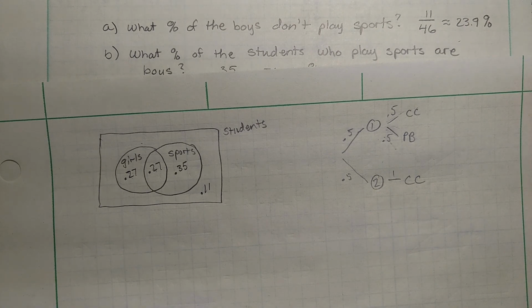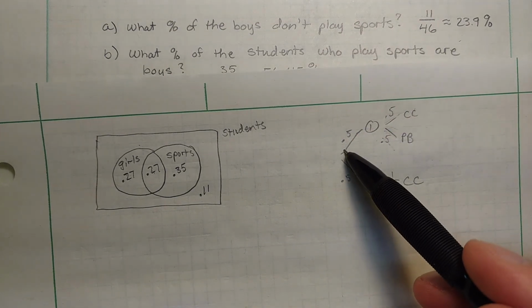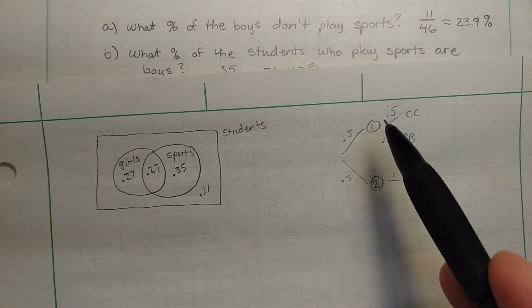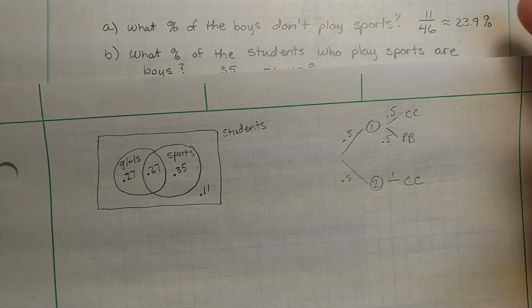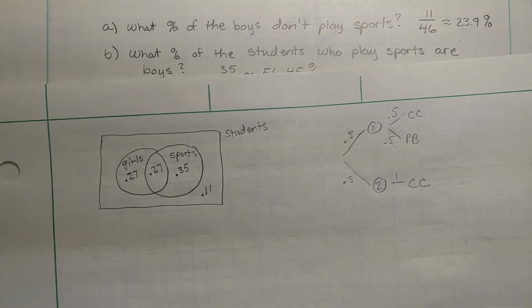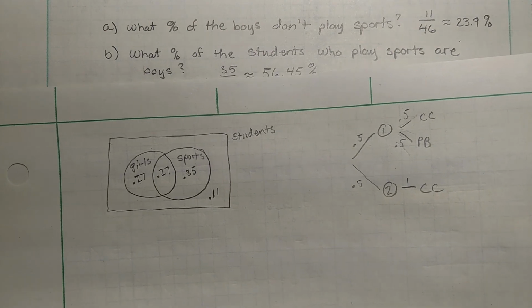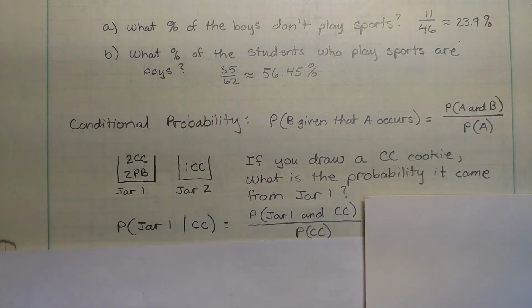So we want to know what is the probability of it being jar 1 and chocolate chip. Well, that's following this branch here. So that is going to be a 0.5 times 0.5 chance, or a 0.25 chance of being jar 1 and chocolate chip.